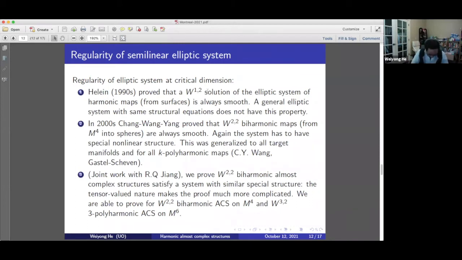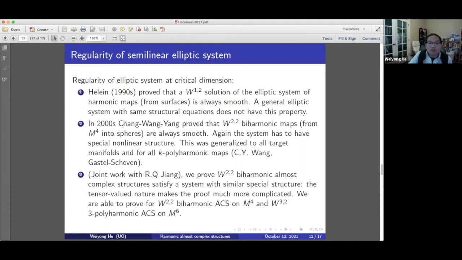That's very surprising, because this certainly does not work for a general elliptic system with a similar structure equation. So his method is particularly tricky, but exploits the special structure of the right-hand side of the harmonic maps. And in this direction, there has been great development. Since I'm not an expert in the developments afterwards, I will skip discussing the details of this development.